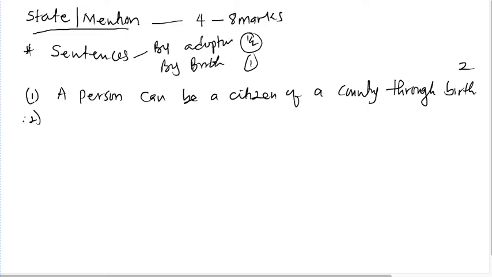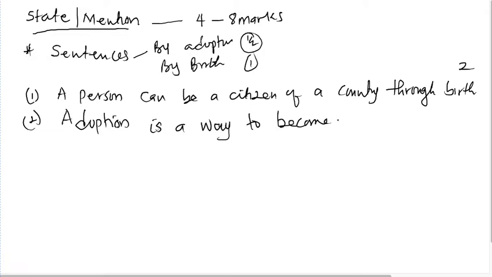You can also put another way. Adoption is a way to become a citizen of a country. So you can see that these are all in sentences and you get a 2 marks.